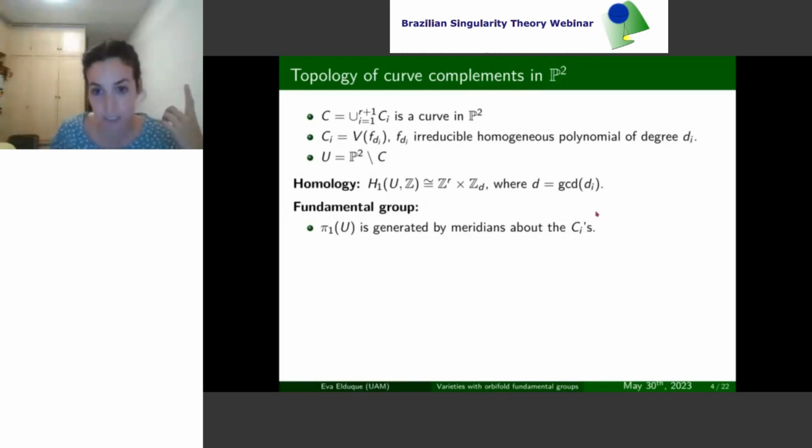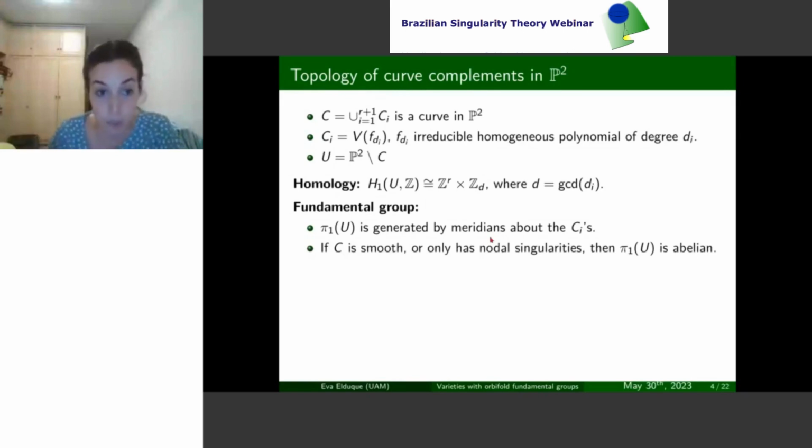So each of these curves has complex dimension 1, but real dimension 2. It lives in P2, which has real dimension 4. So these curves have codimension 2, and it makes sense to think about loops that go around them. That's what I mean by meridians. Maybe you need more than one meridian about each of these, but it is generated by meridians nonetheless.